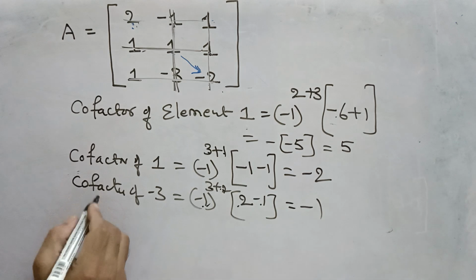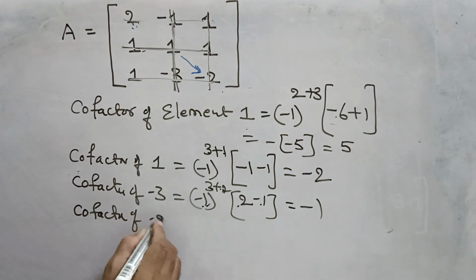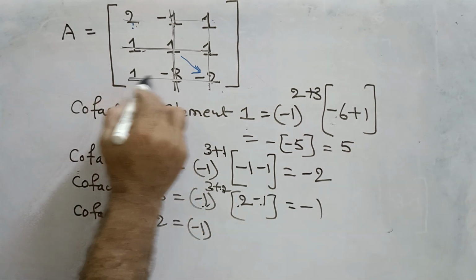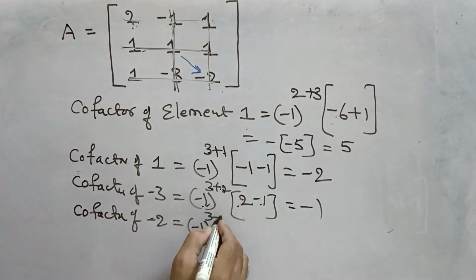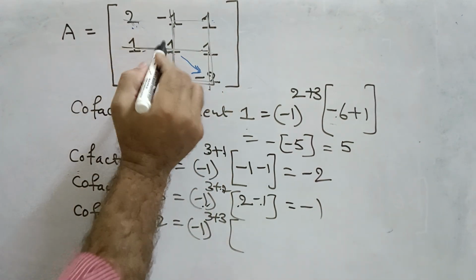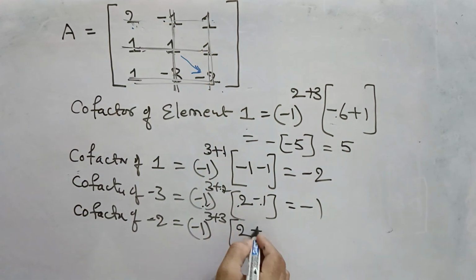And what is the cofactor of minus 2? The cofactor of minus 2 is equal to minus 1 whole power, third row, third column, 3 plus 3. Ignore this row and column, it is 2 into 1, 2. Minus symbol is there, plus 1 you will get.